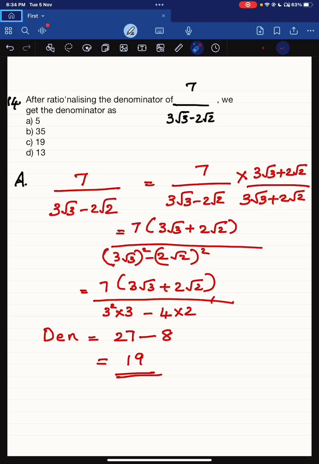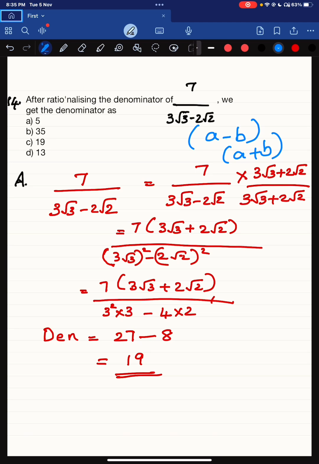Okay. 7 by 3 root 3 minus 2 root 2 into 3 root 3 plus 2 root 2 by 3 root 3 plus 2 root 2. So what will we get? This is equal to 7 into 3 root 3 plus 2 root 2, over a minus b into a plus b form.